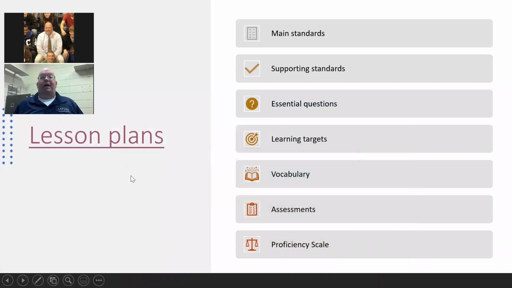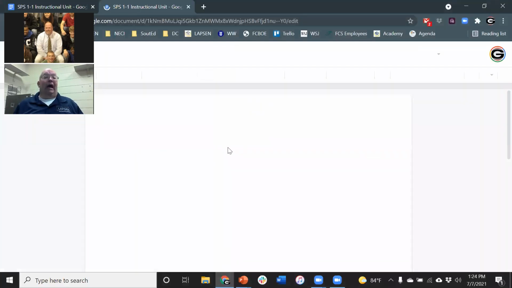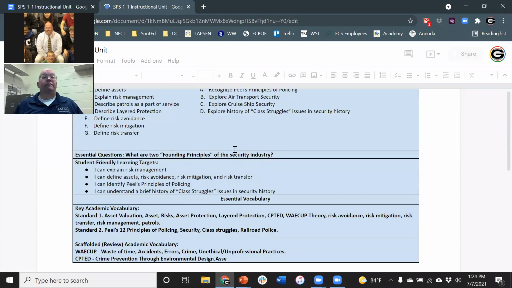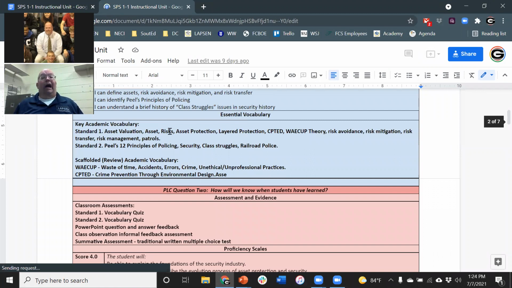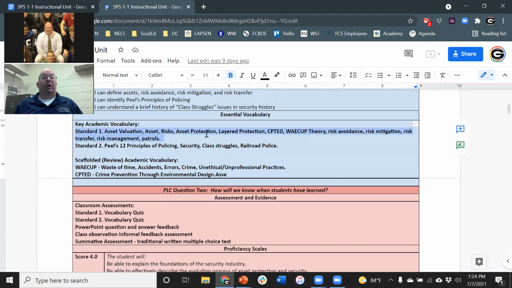So here are some examples of key vocabulary words from chapter 1. We have asset valuation, asset risk, asset protection, layered protection, CPTED, wake-up theory, risk avoidance, risk mitigation, risk transfer, risk management, and patrols.